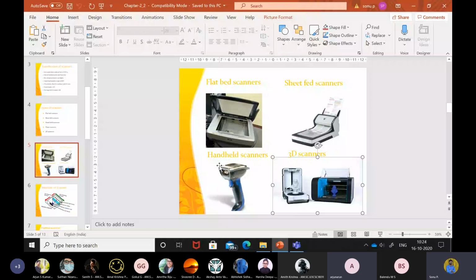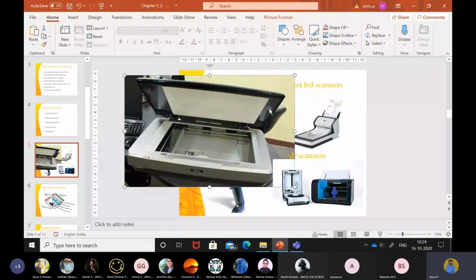We visualized a type of scanner called the flatbed scanner, which is used along with desktop or laptop computers in offices or for home purposes. You all will have an idea about this type of scanner.